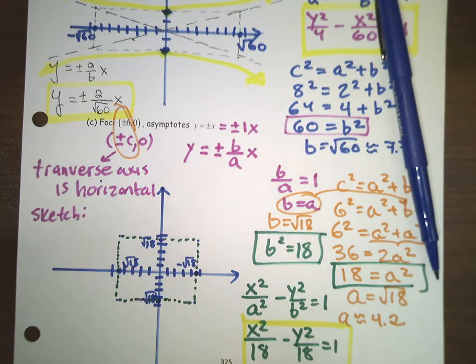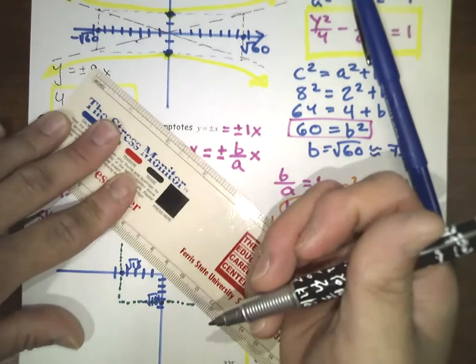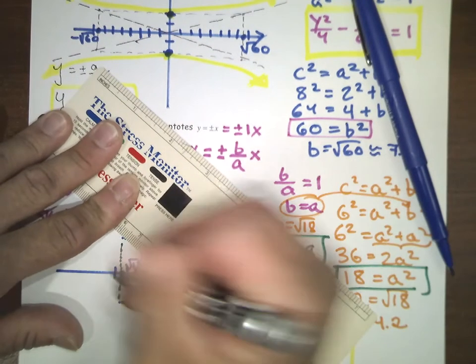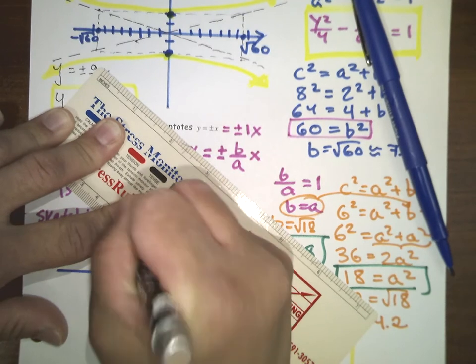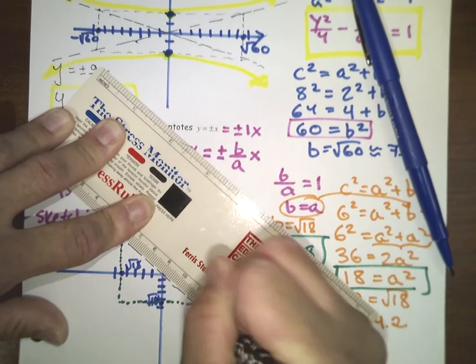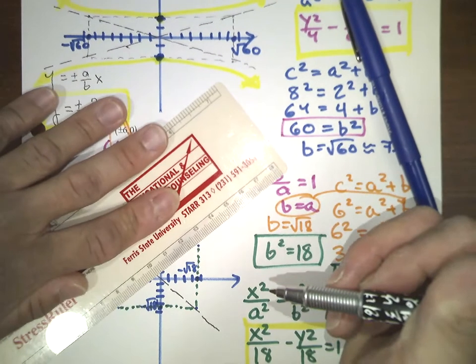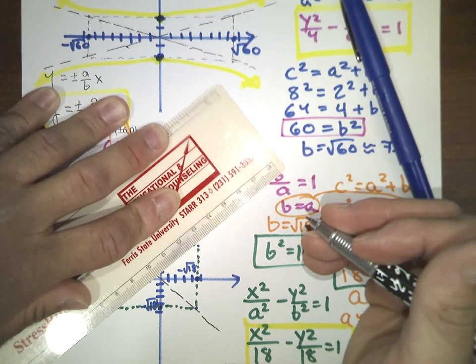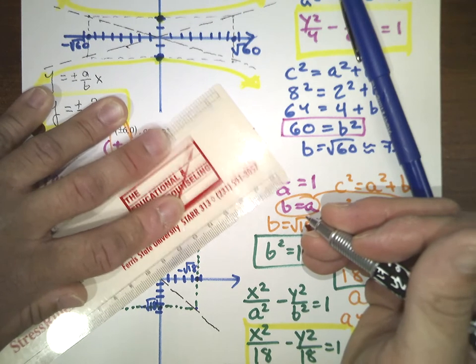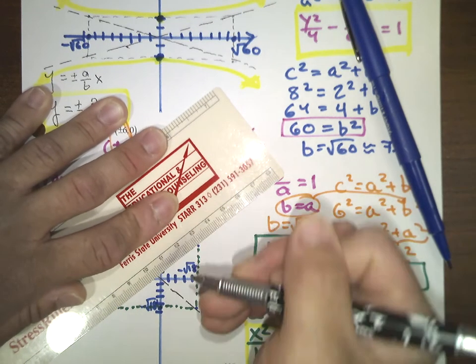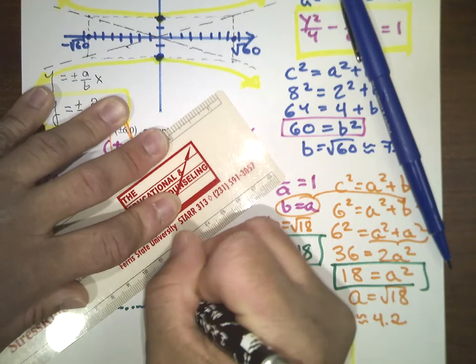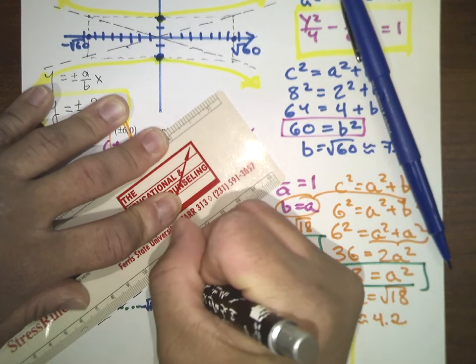So what do we have here? This is, like I said, a lot going on, but it all depends on what information is given in the problem. So here we go. Here are the asymptotes going through the diagonals of the central box here.